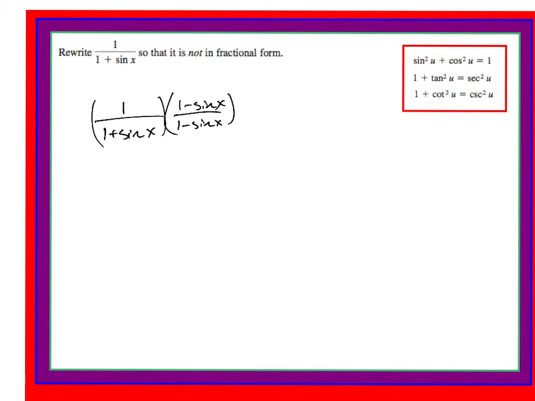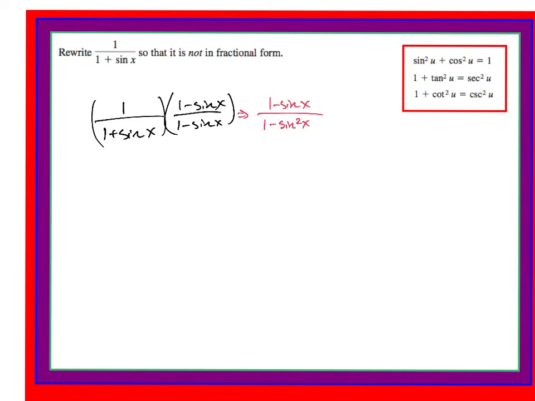When I do so, my numerator is 1 minus sine x, over 1 minus sine squared x. What is 1 minus sine squared? Cosine squared x.